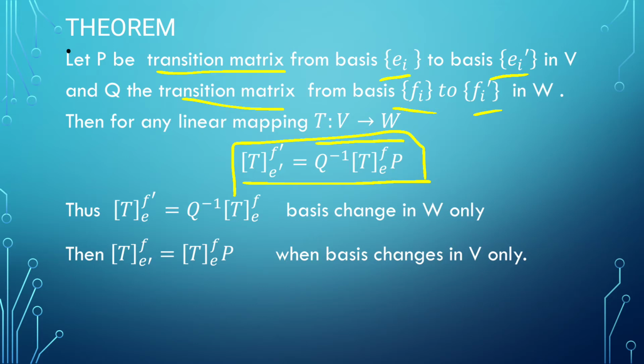Thus, it will imply that if you want to get E to E prime, then that becomes true. For the change of basis in W only, and for the changes in V only, we have this.